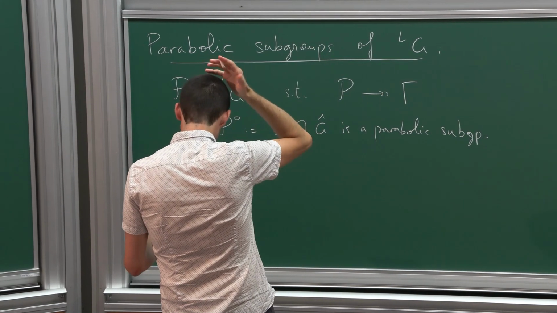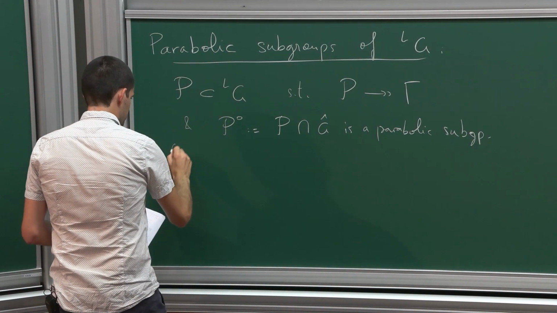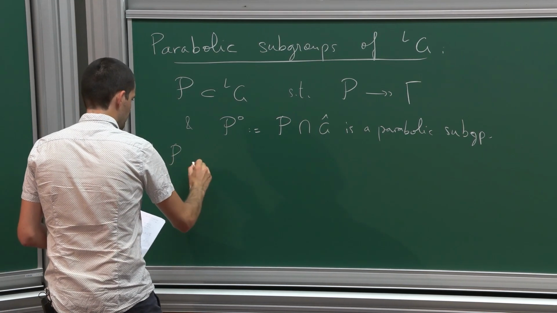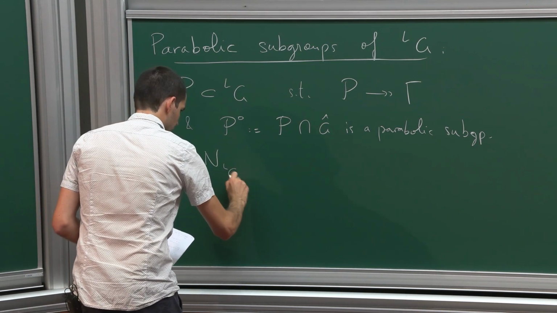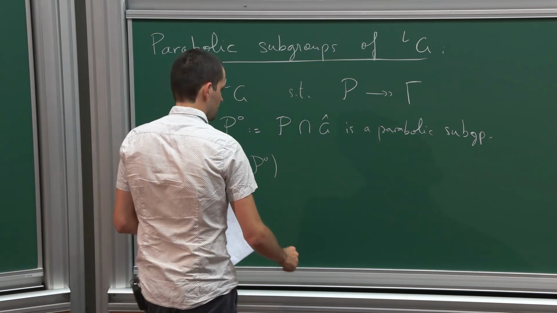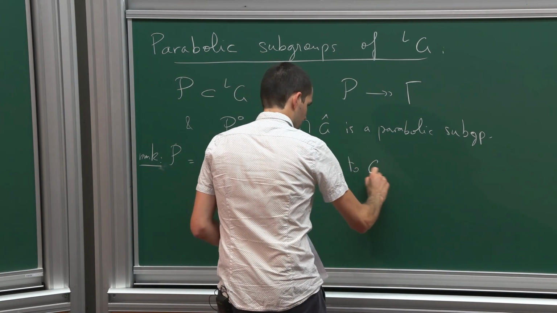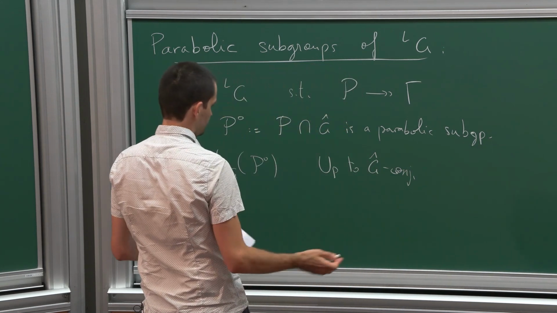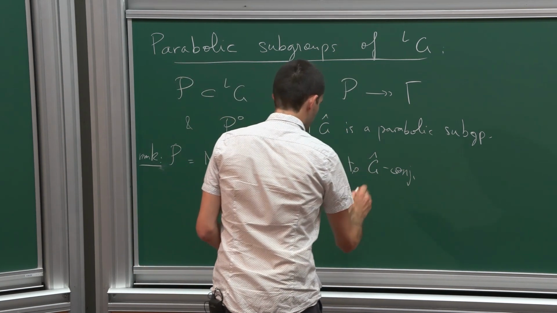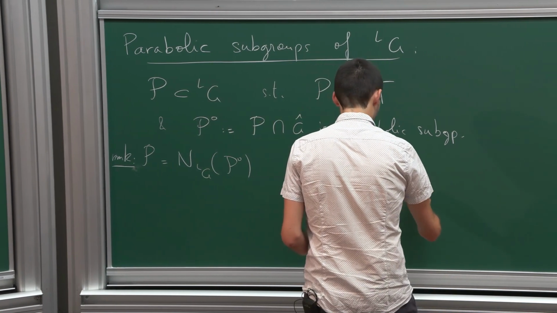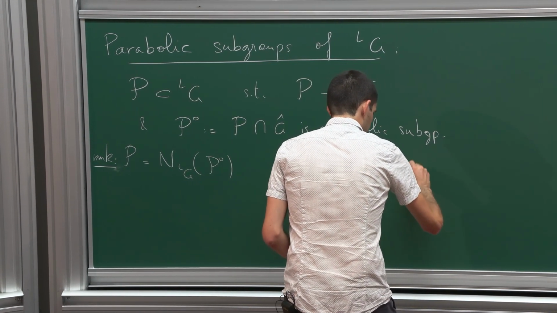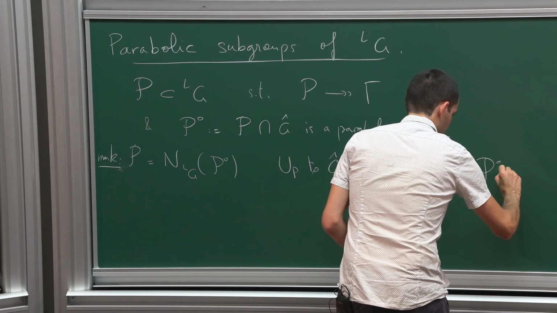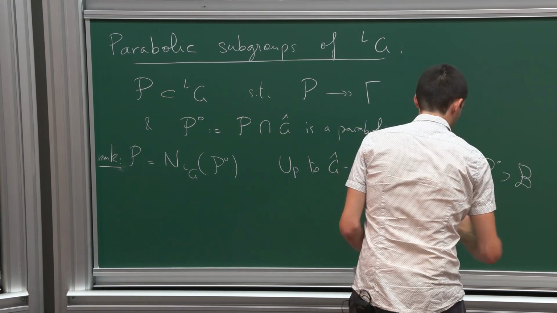And then, in fact, P is determined by P0, and well, we have a similar story as for regular reductive groups. So up to G hat conjugation, we may assume that P0 contains our Borel subgroup B.